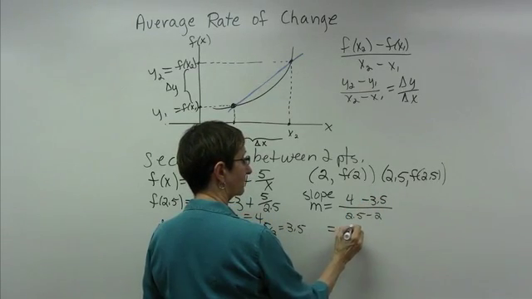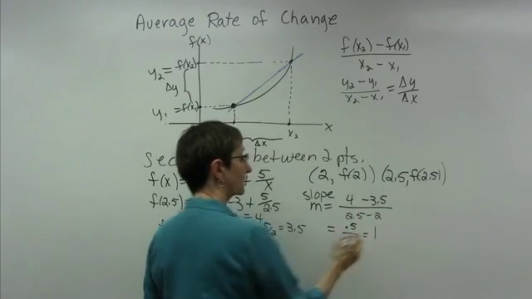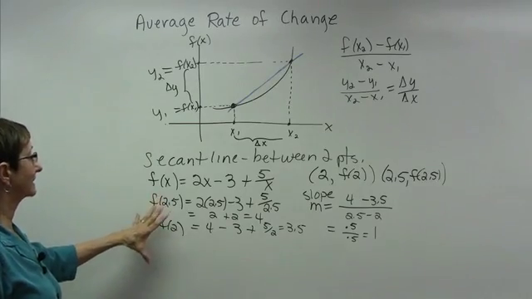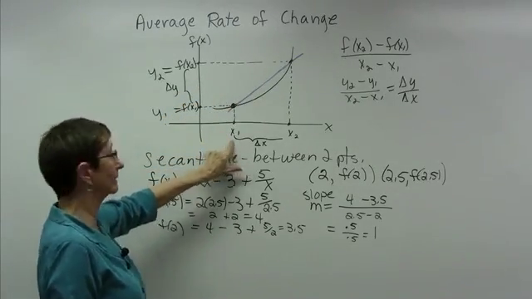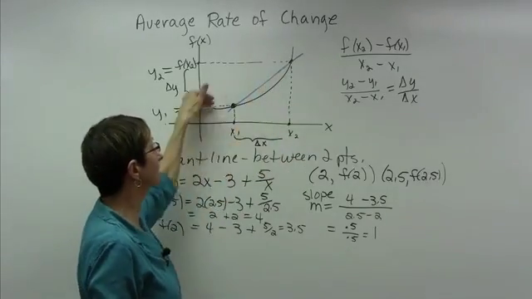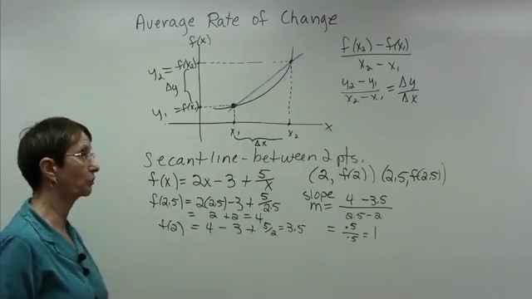So that gives me 0.5 over 0.5 gives me a slope of 1. That's the slope between the two points. I could say this x is equal to 2 and this is equal to 2.5. And I use my formulas and I've gotten the slope of the secant line that's between those 2 points.